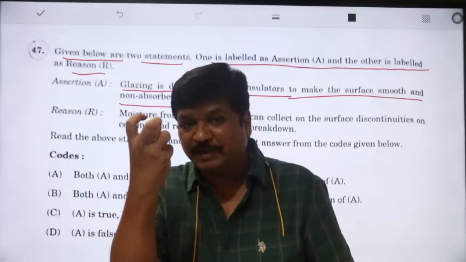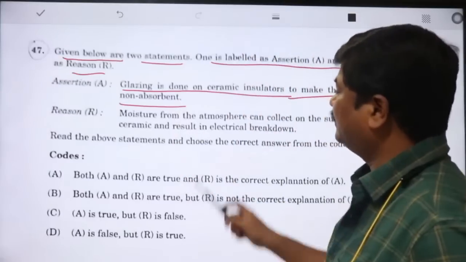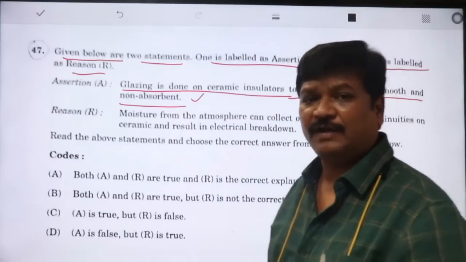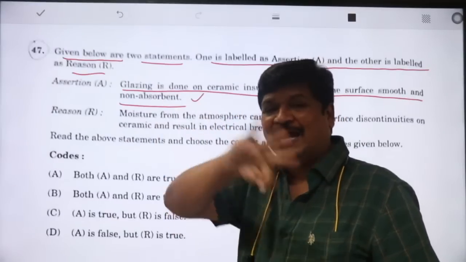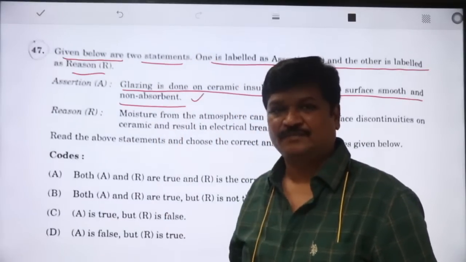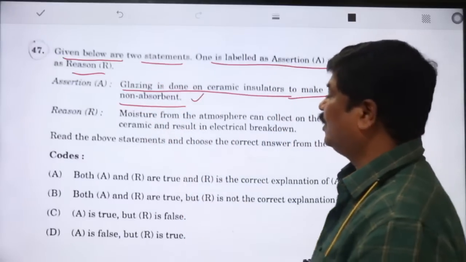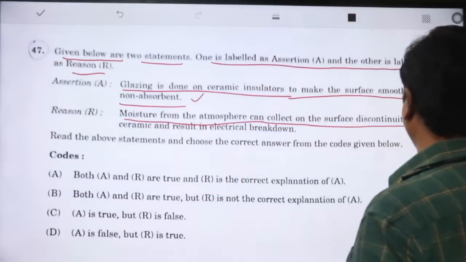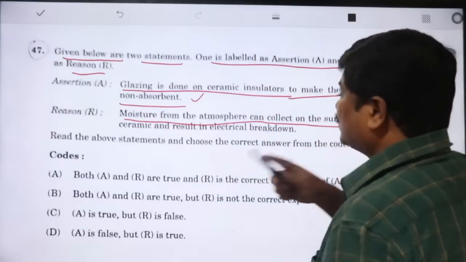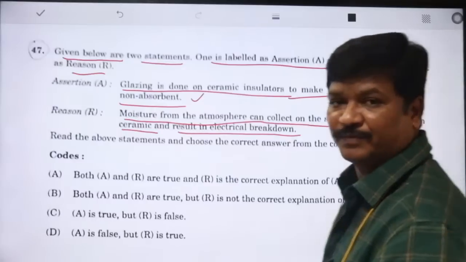The material should be non-hygroscopic. So that's why non-absorbing. This statement is right. Even pin insulators are made of porcelain having a smooth surface. Having a smooth surface is called glazing. Moisture from the atmosphere can collect on the surface of the ceramic and result in electrical breakdown.